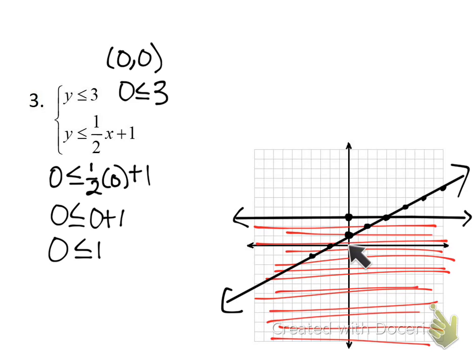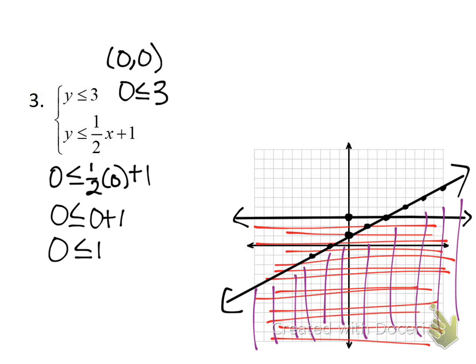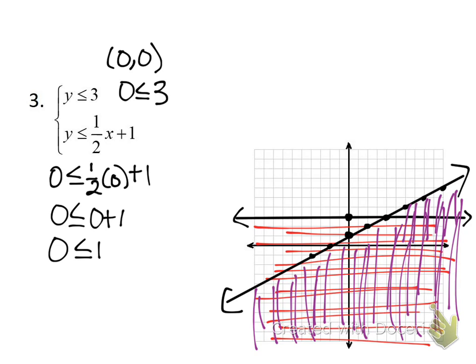Below, because that's where 0, 0 is. If you need to, highlight it or something, figure out where your origin is, it's easy for it to get lost in all that's going on. Okay? So we have to keep track of our origin. We are going to shade down here. Alright, and we only want our final answer to include the intersection. So where is that happening?